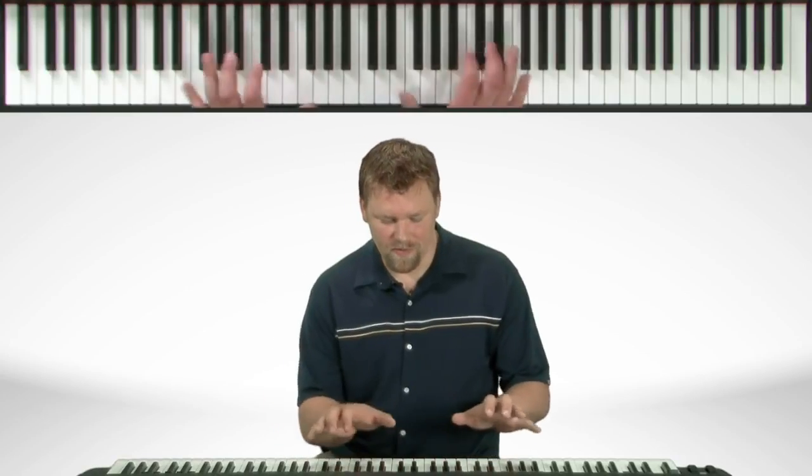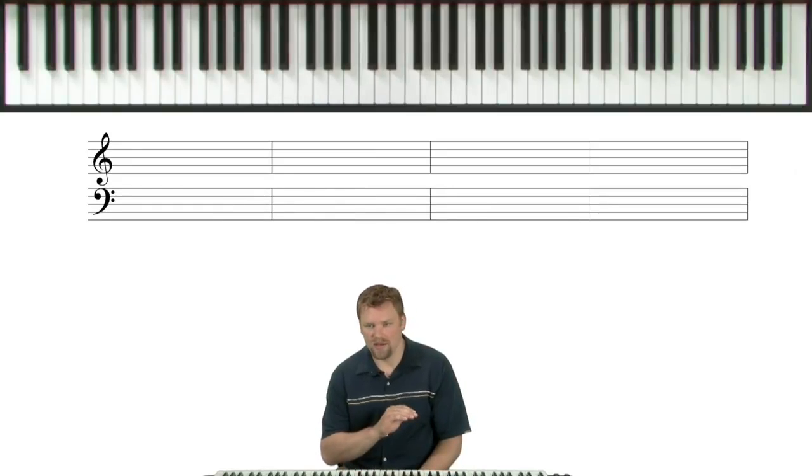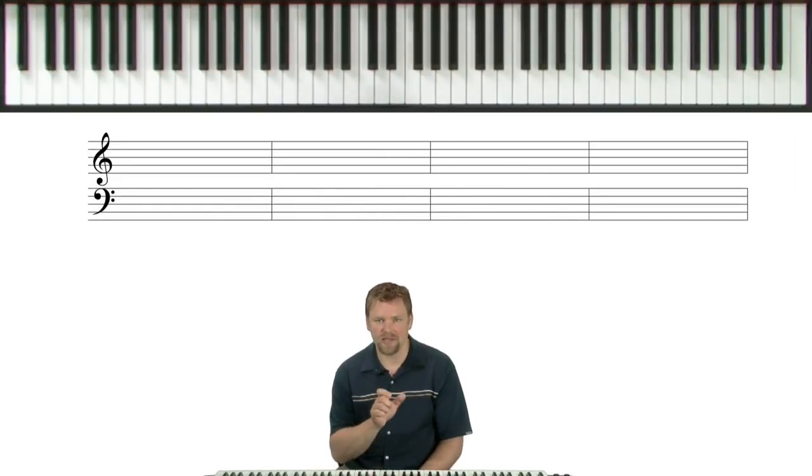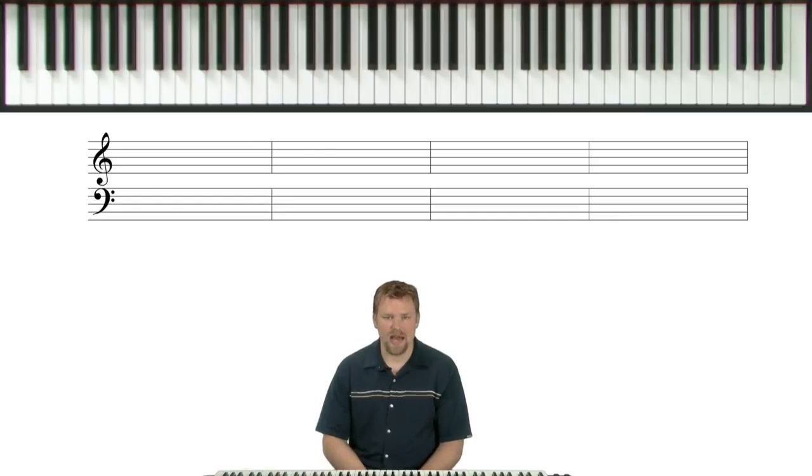Now, for piano, we have horizontal lines. You'll see there are two sets of horizontal lines on a sheet of paper. Those horizontal lines are called staves. The vertical lines that break up those staves are called bar lines, and those sections are called measures. So we've got staves with bar lines and measures.